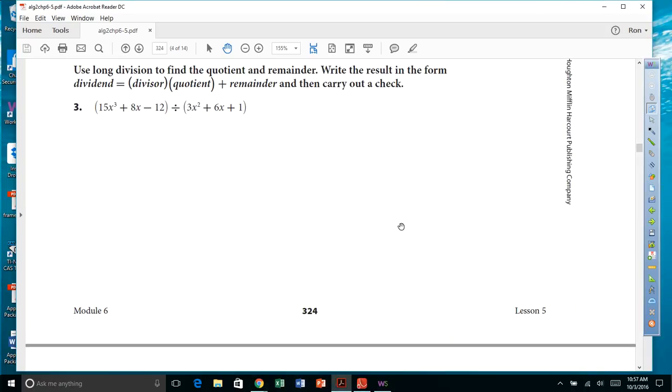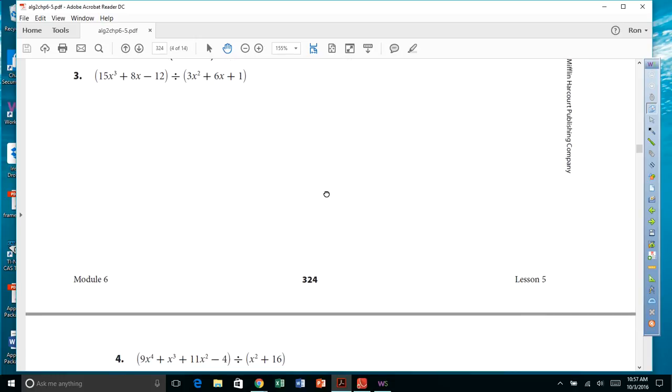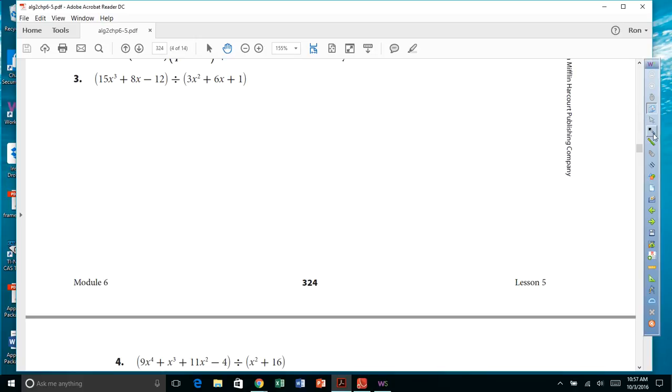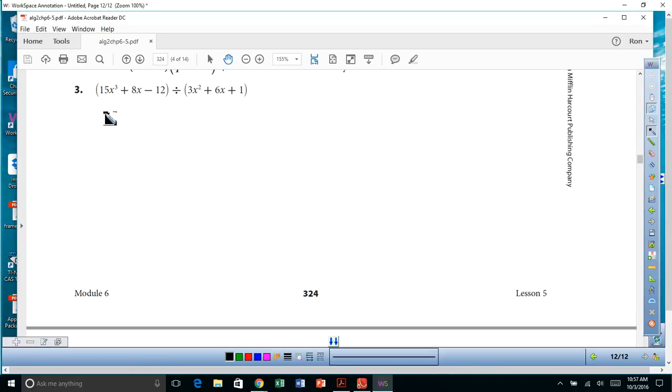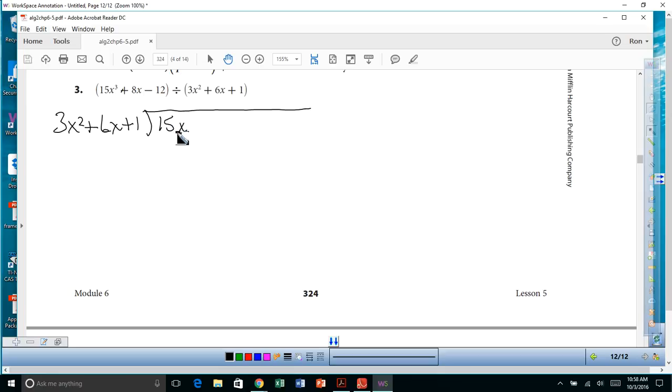Use long division to find the quotient and remainder. Write the result in the form of the dividend equals divisor times quotient plus remainder, and then carry out a check. So let's take a look at this. What do we got? Are we missing anything? We're missing an x squared, aren't we? So we're going to have 3x squared plus 6x plus 1, and we're going to divide that into 15x cubed.